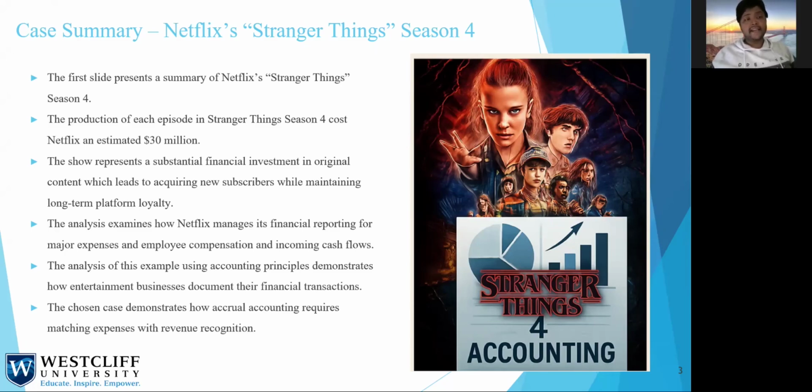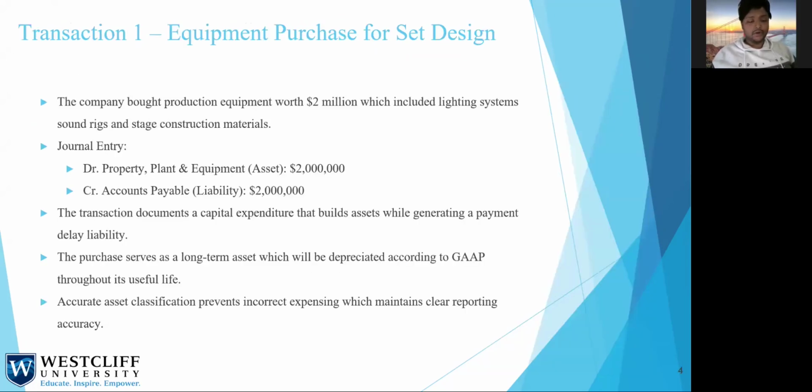The next slide is transaction one. Transaction one is the equipment purchase for the set design. The company bought production equipment for $2 million for the set designing.